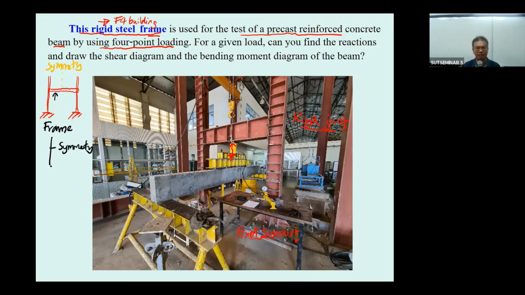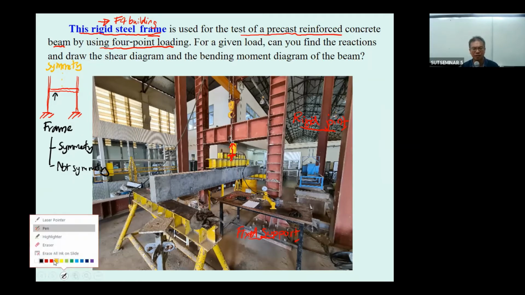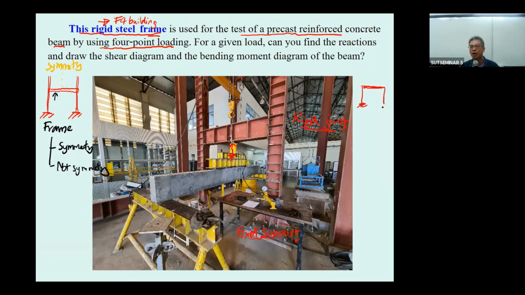What is the difference? The symmetric frame can be considered easily. For example, if I just take the tall column out and model this frame to be the one like this, under the application of the symmetric load on the symmetric frame, let me put it in the downward direction so the conversation is going to be easier.